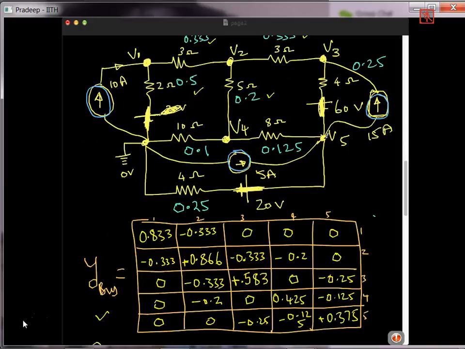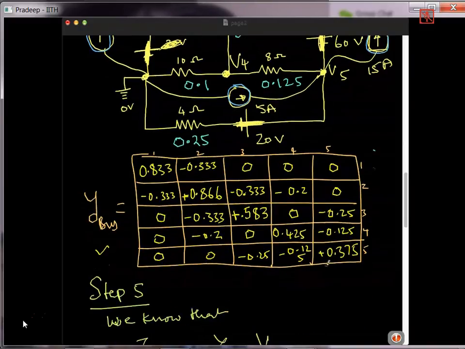So this is between 5 and 0. So here I have to add a plus 0.25. So if I add plus 0.25, it will be 0.625 you will be getting here.